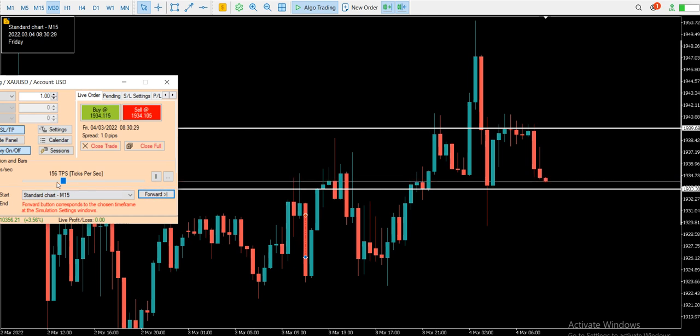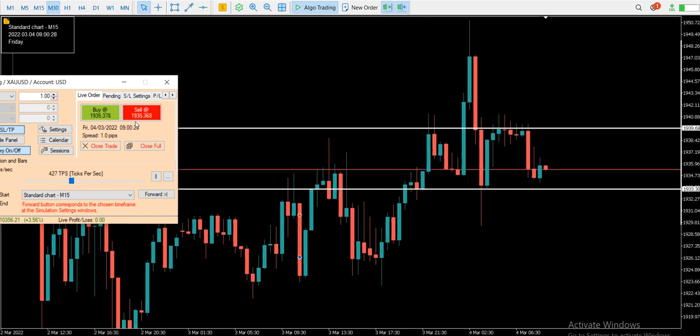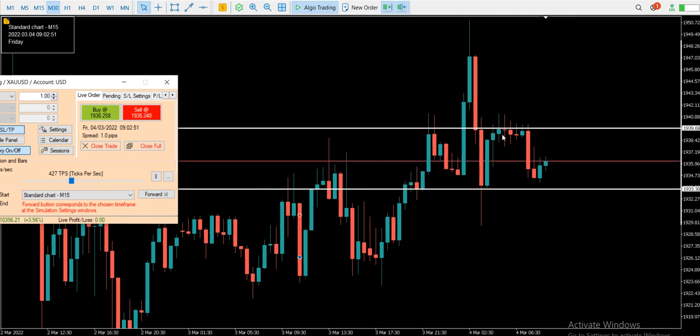Forward. Okay, let's just speed it up a little bit. Okay, is this a good speed? Now just wait for the candle to close below to take a sell, or to close above to take a buy. But it seems like it's just stuck in this range.